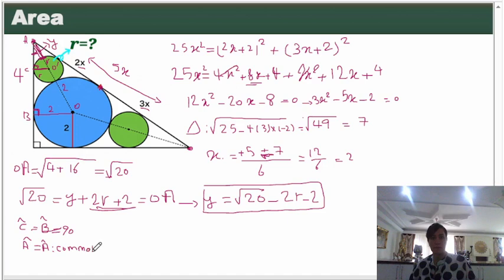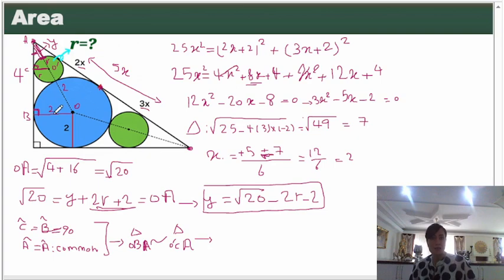So I could prove these two triangles, triangle OBA is similar to triangle O prime CA. When I show they are similar, the corresponding sides are in the same ratio.